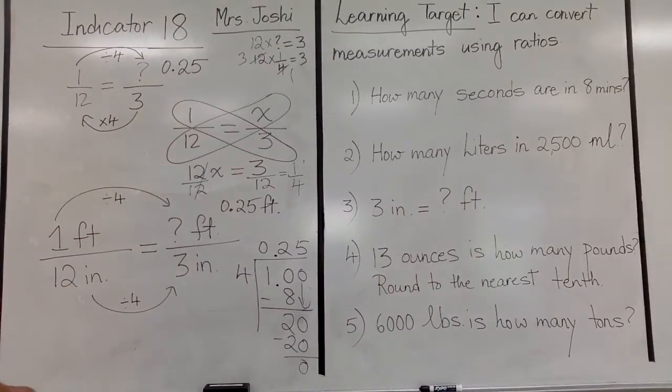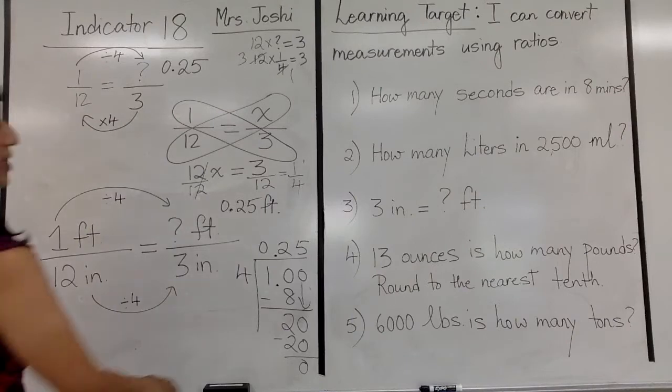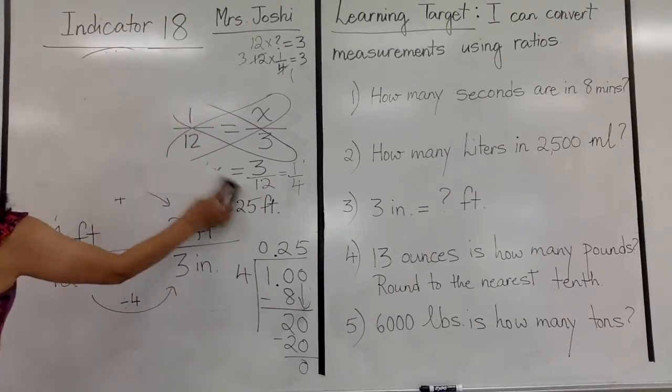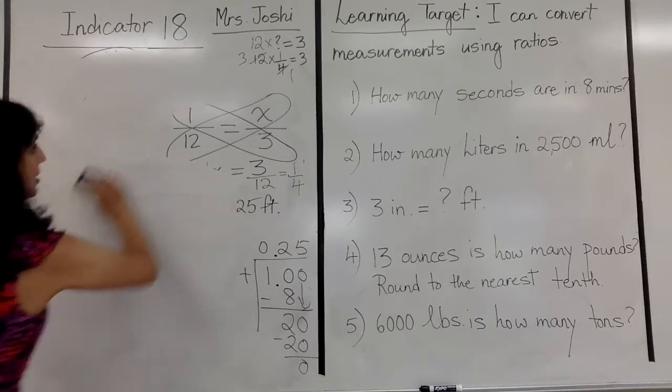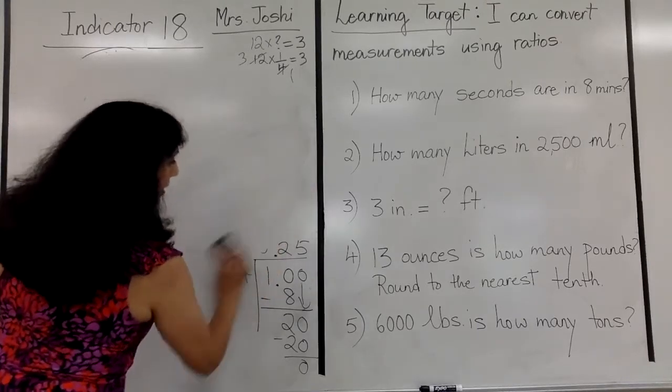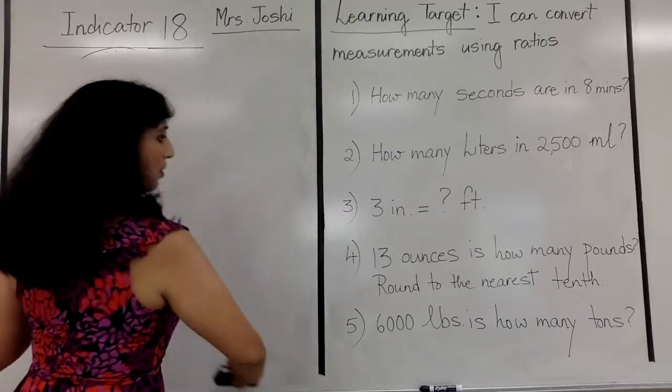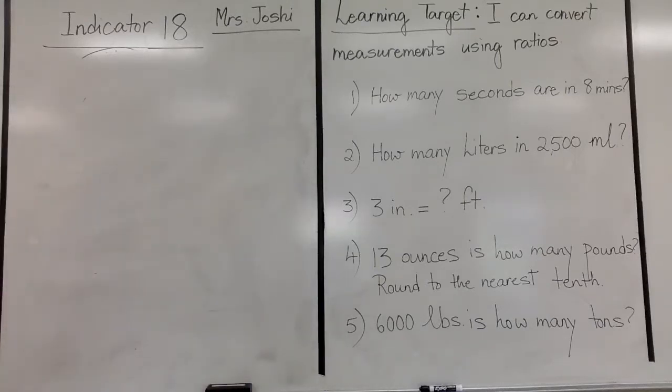All right? Let's do the next one, number 4. And in this one, the proportion method will really come in handy. It's saying 13 ounces is how many pounds, rounded to the nearest tenth.